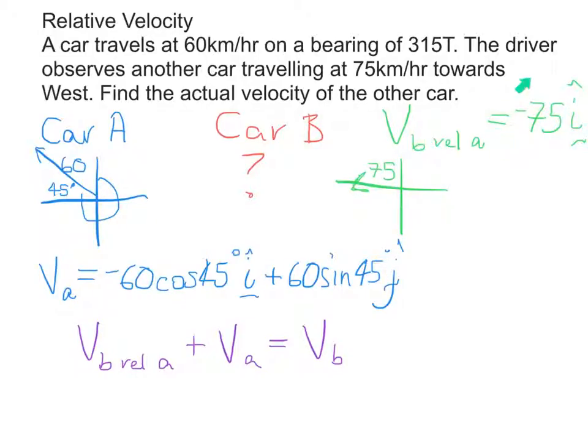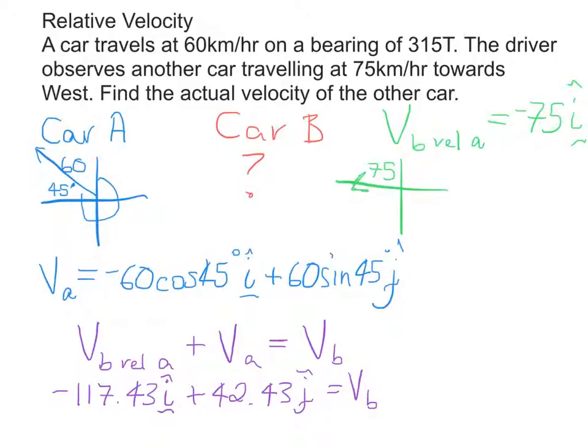So negative 75 plus negative 60 cos 45 will get you negative 117.43i. And then j is just this here. So 60 sine 45, which is plus 42.43j. And that's equal to the velocity of B.